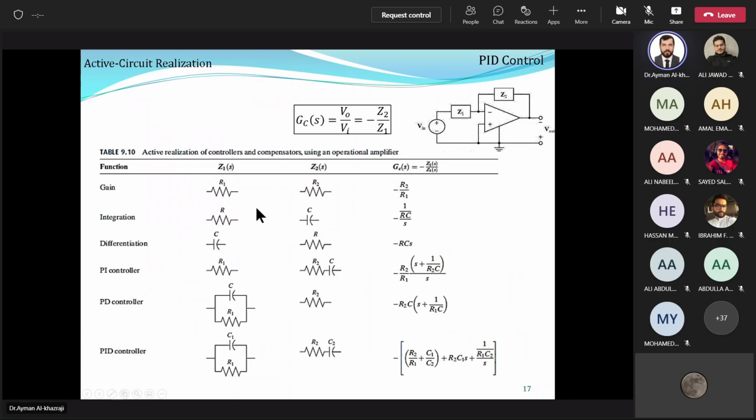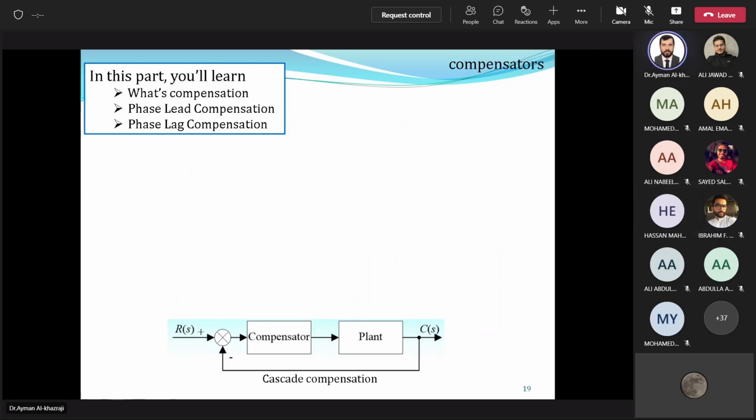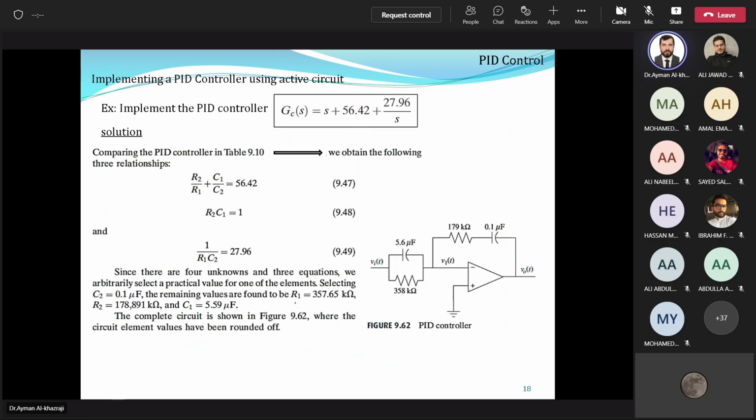Here, I will not bring implementation for this one, maybe. What do you prefer, implementation of compensator or PID? PID. PID is better. PID, okay. If I bring PID, to get the correct answer, I will give you the assumption.